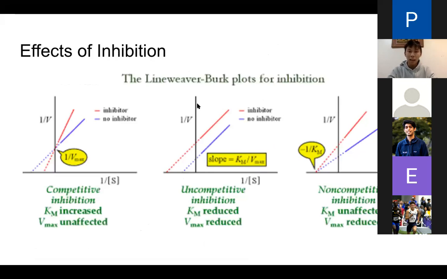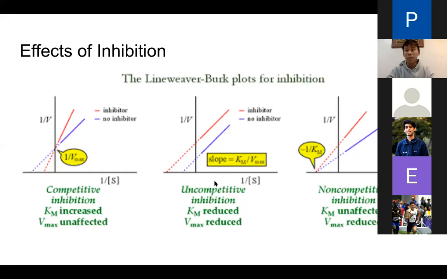And then looking at the Lineweaver-Burk plot, we see that Vmax decreases, which we can see as the y-intercept moves up, right? Recall that the y-intercept is 1 over Vmax. So if I decrease Vmax, then the intercept increases.